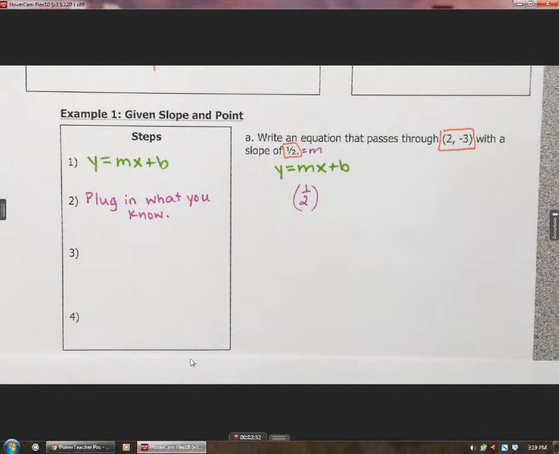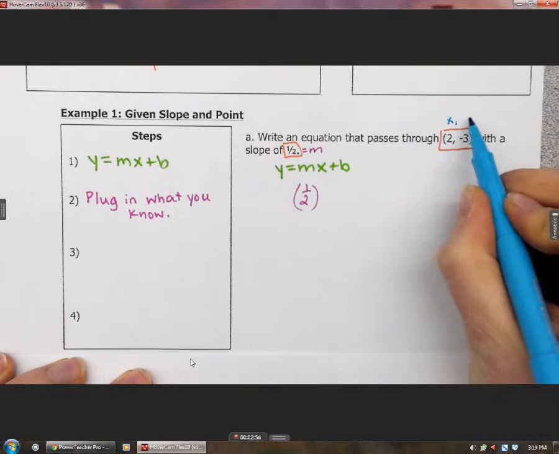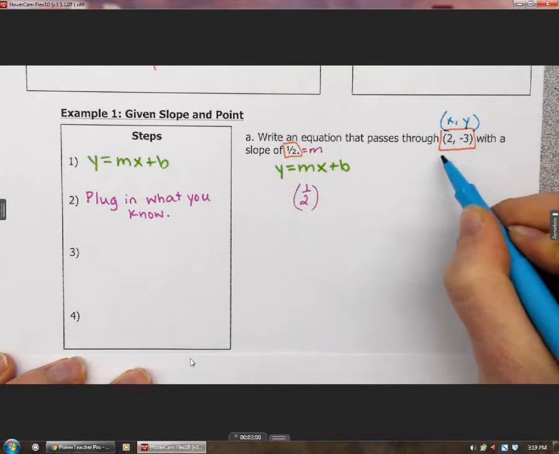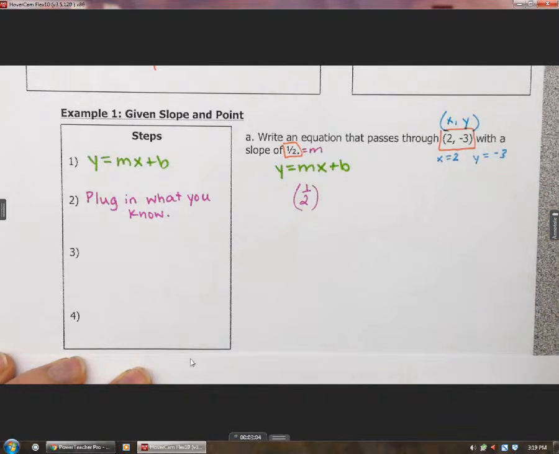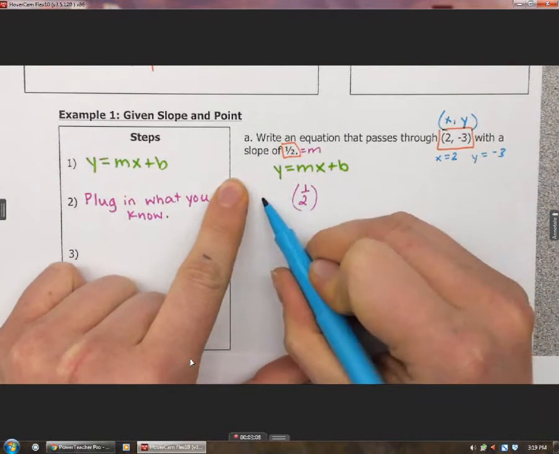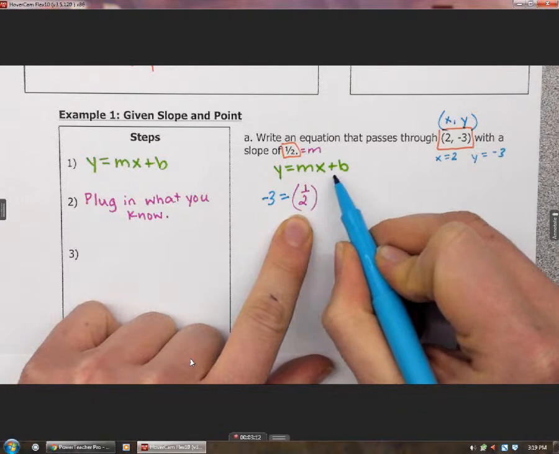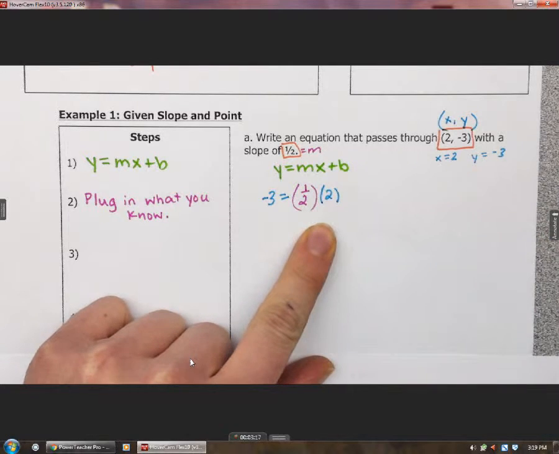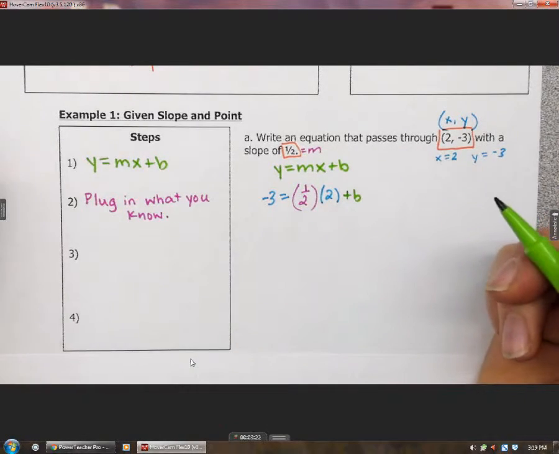It might not be as obvious. When you have an ordered pair like this, it represents x and y, x comma y. So x equals 2 and y equals -3. We can plug these values in over here to our equation. So it'd be -3 equals, we already had the 1/2 from the m, x is 2, plus, do we know what b is? No, that's what we really actually have to find.